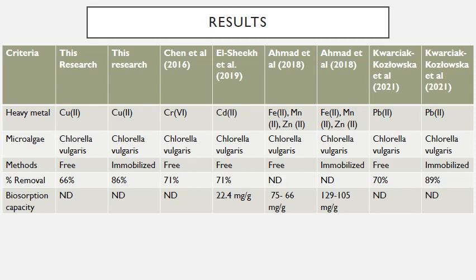So from the whole table, our research and the other researchers show that for free suspension, the removal of metals is usually around 70%. However, the immobilized has a higher removal, around 80%, for different kinds of metals.